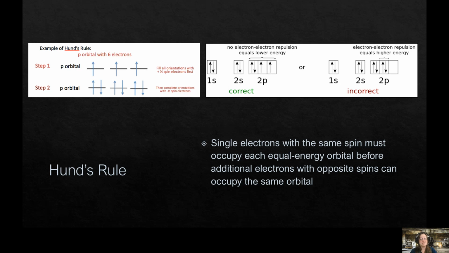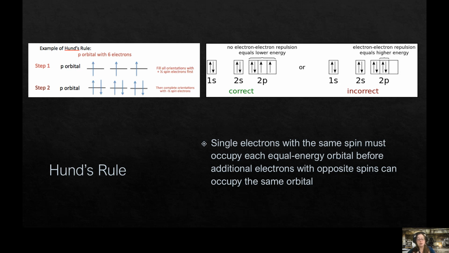Both of these have the same number of electrons. The one on the left has the lowest energy because those up arrows are spread out, those electrons are spread out between the 3 orbitals. And on the right side, you've got all 4 of those p electrons squeezed into just 2 of the 3 orbitals that they can occupy. And that actually makes higher energy because electrons, remember, are all negatively charged.